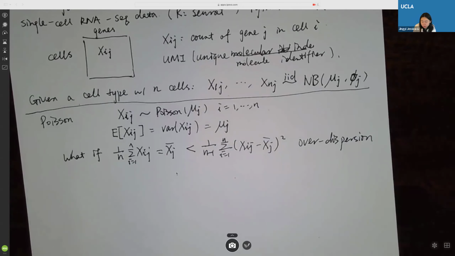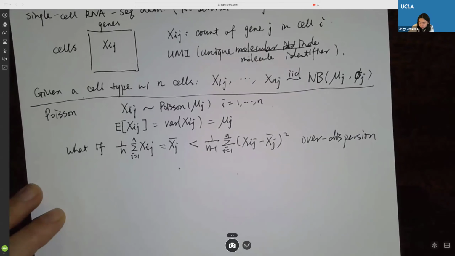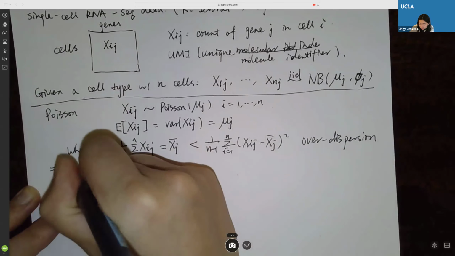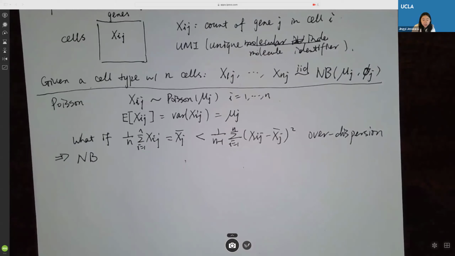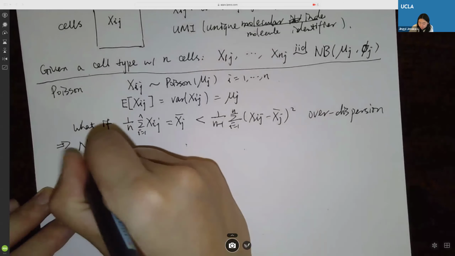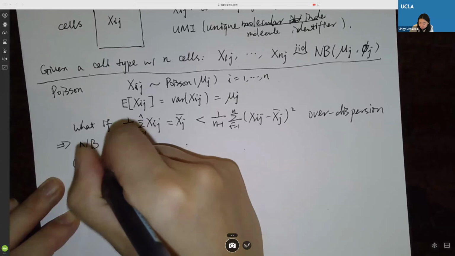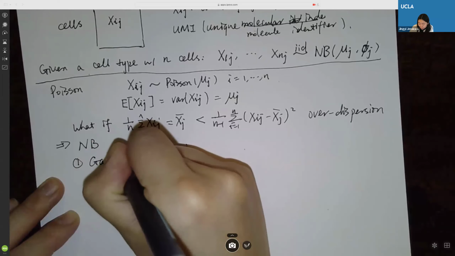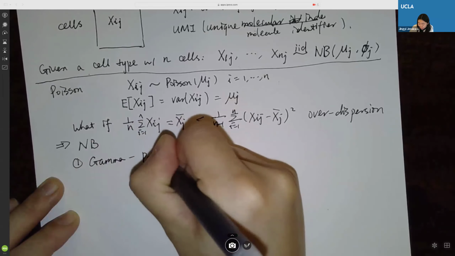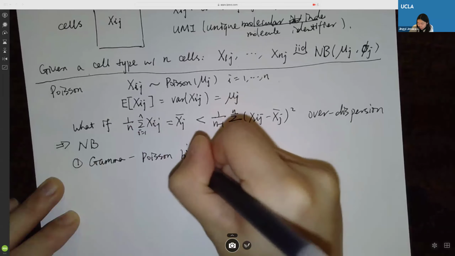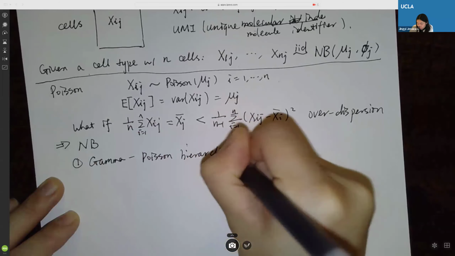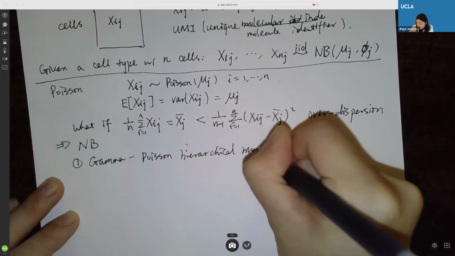So the first derivation of negative binomial is a so-called gamma Poisson hierarchical model. This is the first formulation: gamma Poisson hierarchical model.